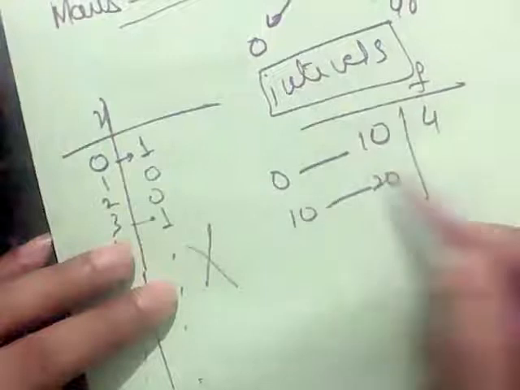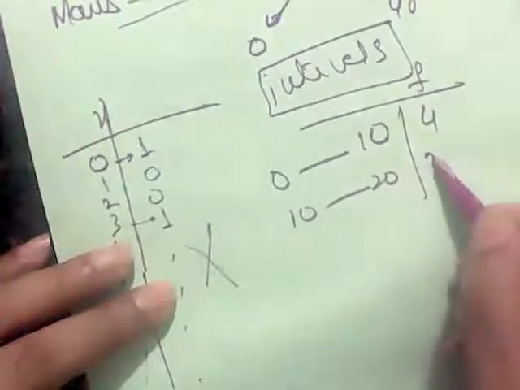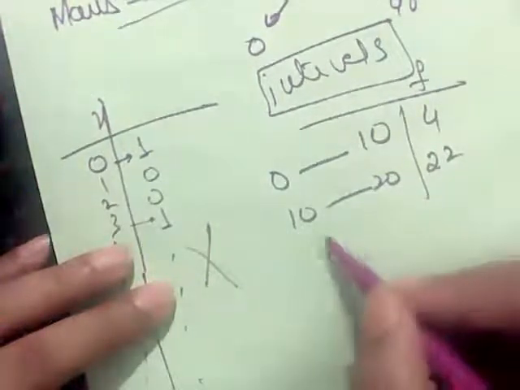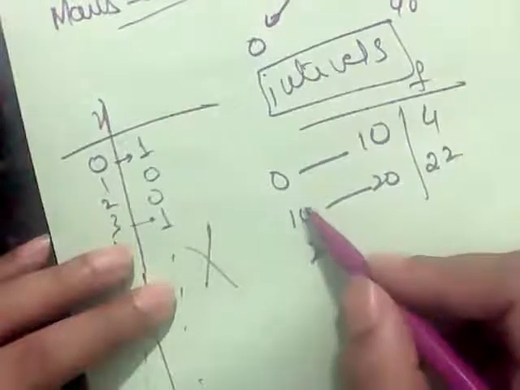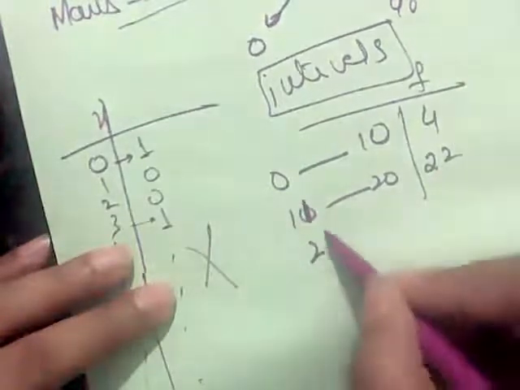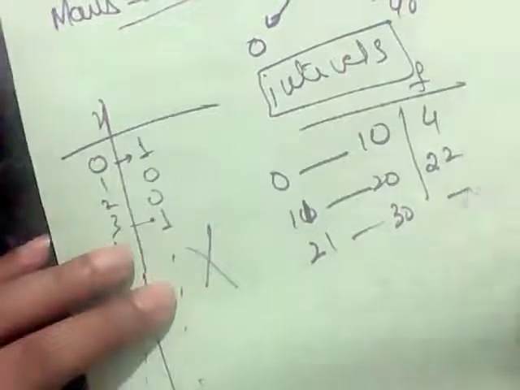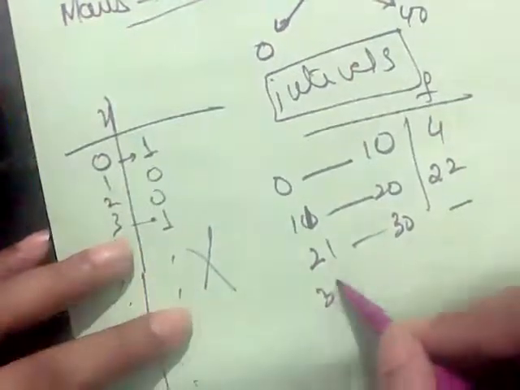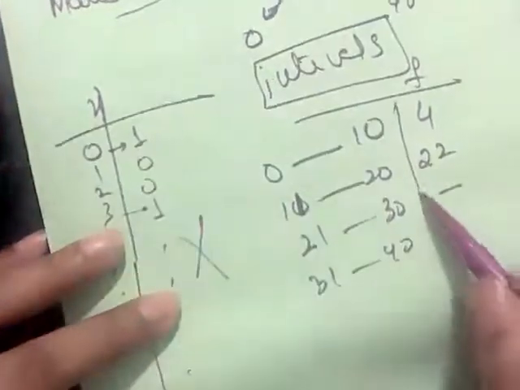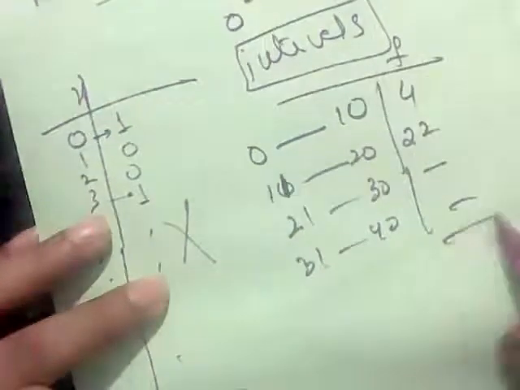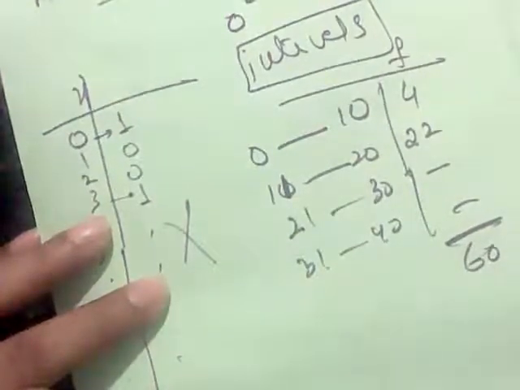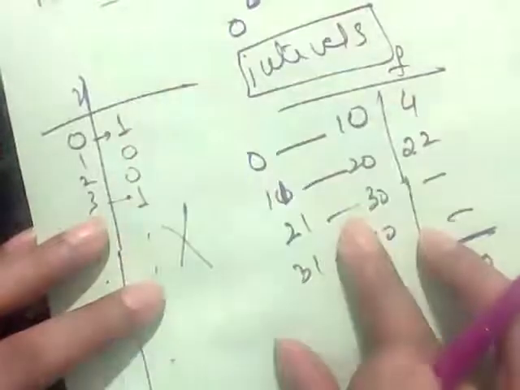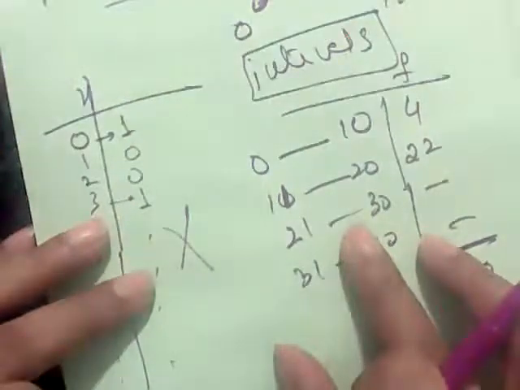Then 10 to 20, there are, let's say, 22 students who got marks like this. Or not 10, let me call it 11 to 20, 21 से 30, some students who got that much marks, 31 to 40. और इन सब का सम कितना आ जाएगा? 60 आ जाएगा. This is a convenient way of representing.